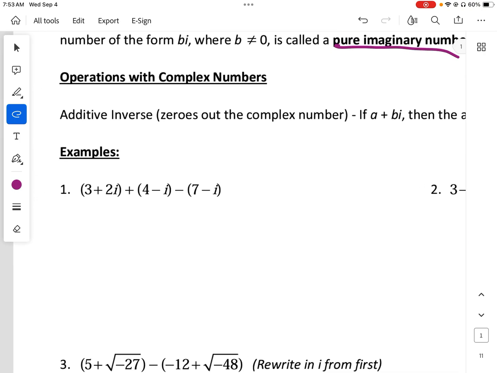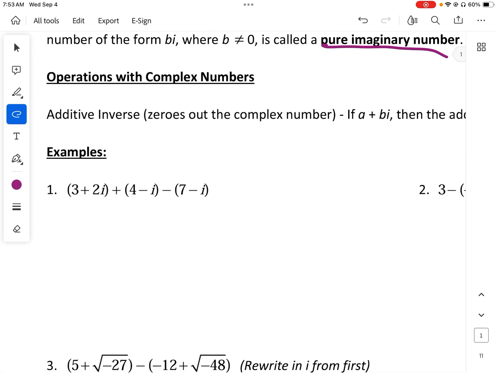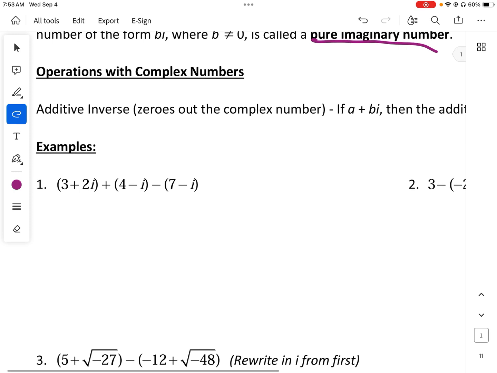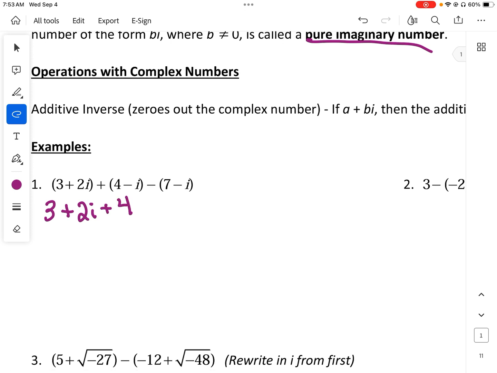Start with this. All right, we need to simplify. So I'm just going to take out the parentheses: 3 plus 2i. Next one would be plus 4 minus i. And then we have to change the sign of everything here, so negative 7 plus i. Then we would combine like terms.